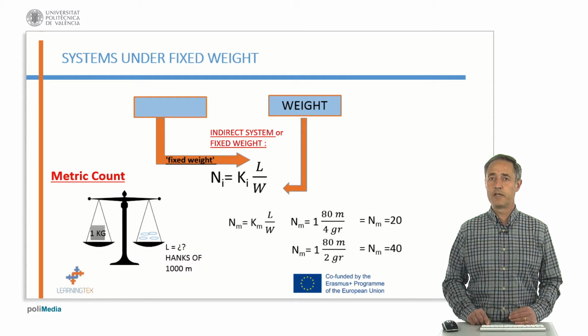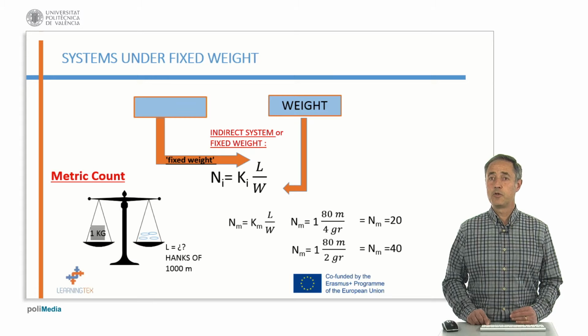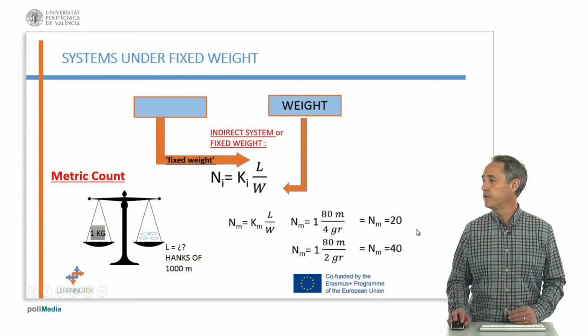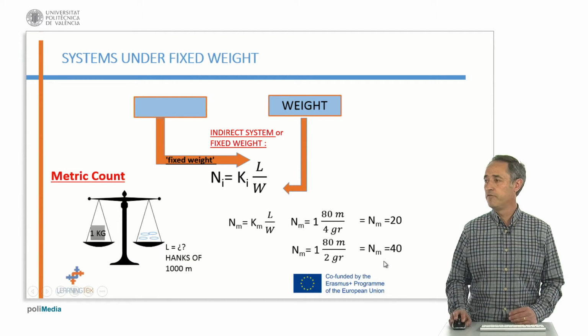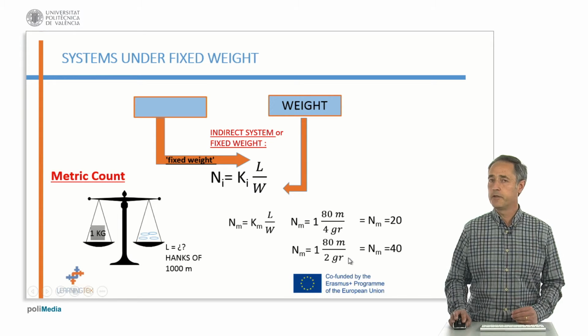Example, if I have a yarn and for a length of 80 meters, it has a weight of 4 grams. In this case, its constant is 1, its metric count is 20. And if I have another yarn with the same length, but its weight is 2 grams, its metric count in this case is 40. In fixed weight systems, the yarn becomes thinner as the count number increases.